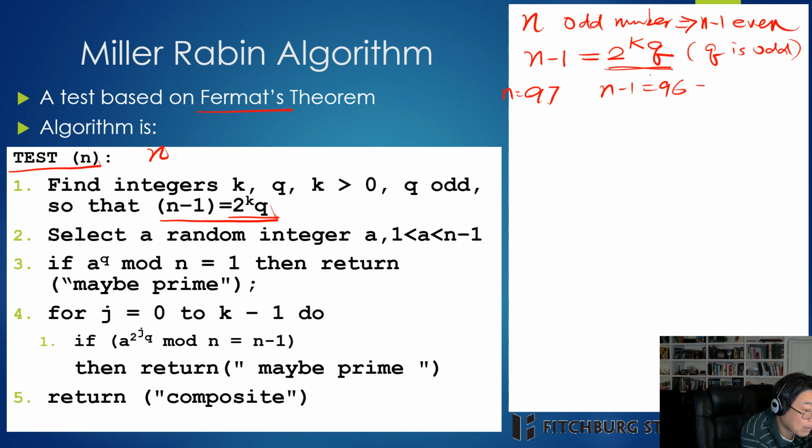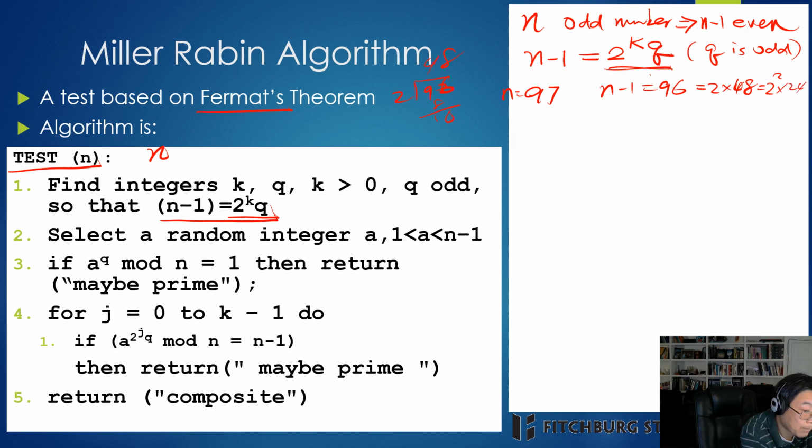So how can I write 96 in this format? 96 divided by 2, so it's 2 times 48. I can continue to factor 48, so I get 2 squared times 24.